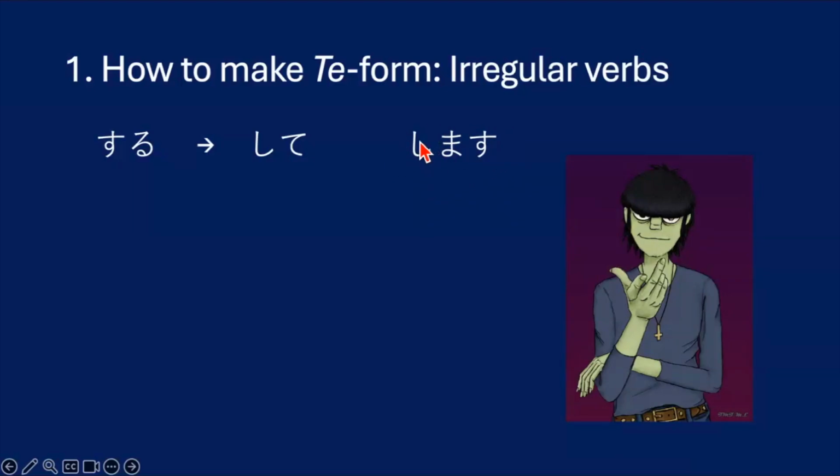So you can actually come up with a te form by using the stem. So shi, te. Kuru, okay, if you think of masu form, kimasu. So you can actually take out masu and then add te, kite. Okay, so these are the te forms of two irregular verbs, suru, kuru.